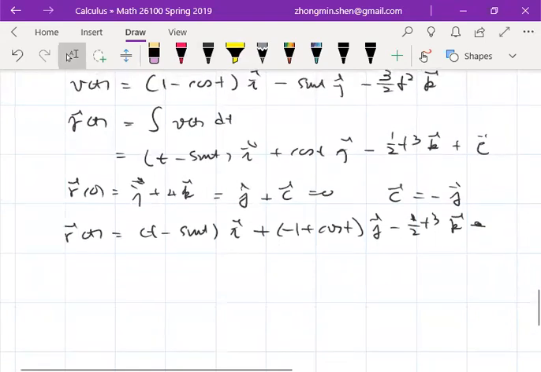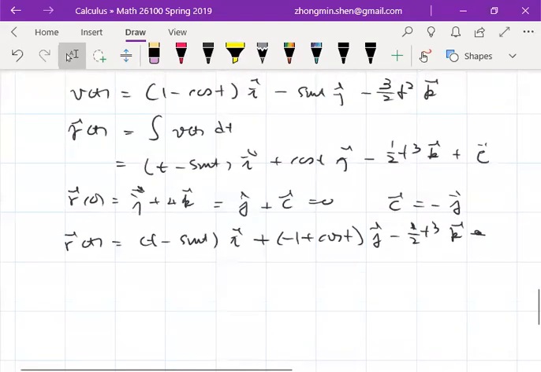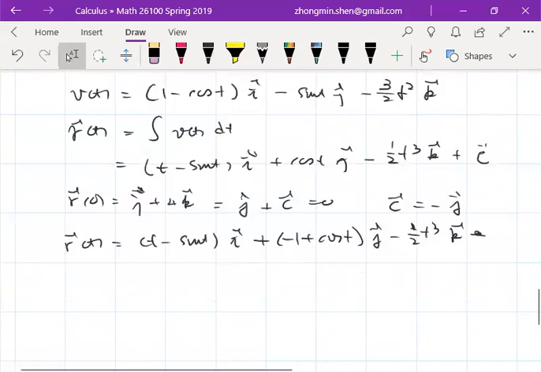Wait a minute, it's 4k, right? Hold on. So we have minus 4k. This is my computation mistake. It's not equal to 0.